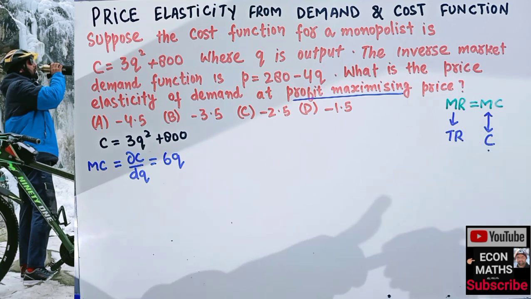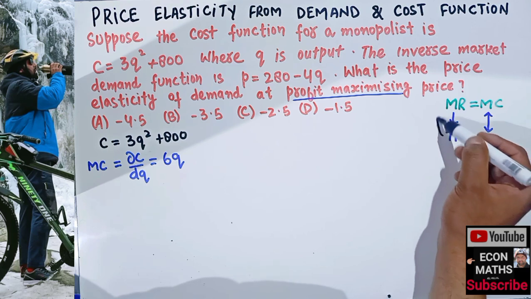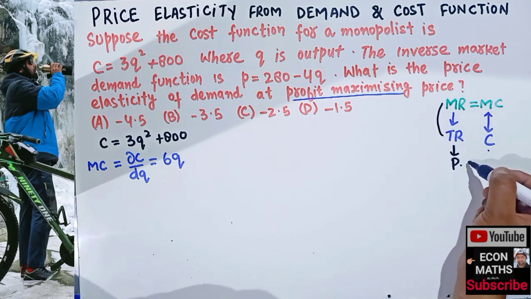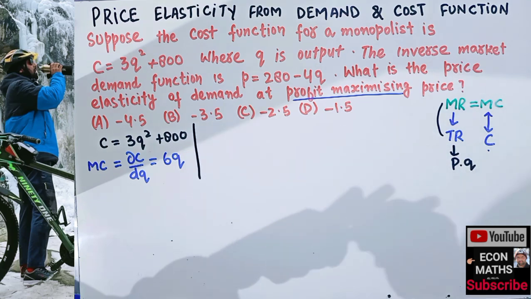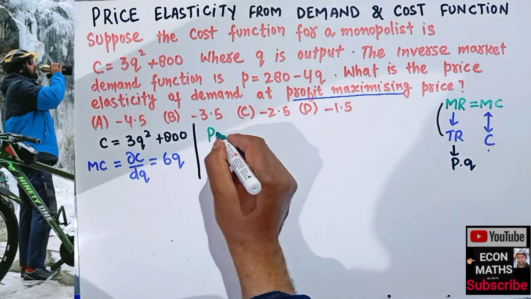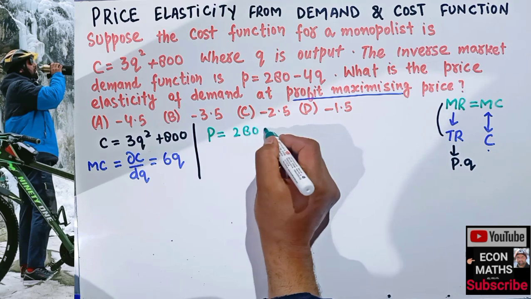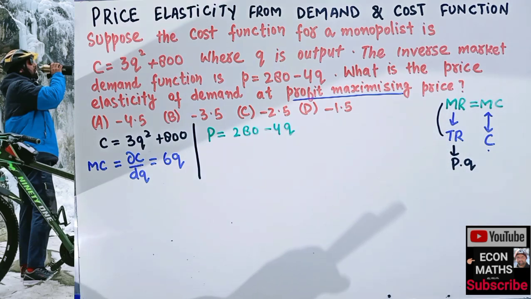Also we need to find the marginal revenue. To find the marginal revenue, first we should know the total revenue. Total revenue is simply price into quantity. Our inverse demand function is P = 280 - 4Q.